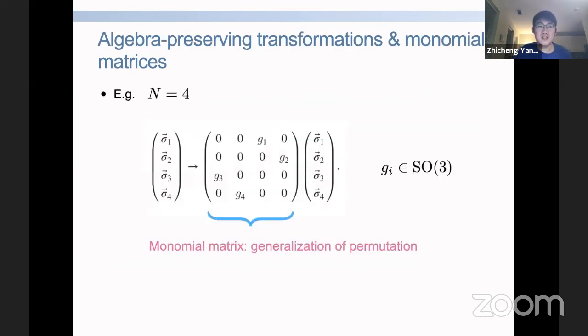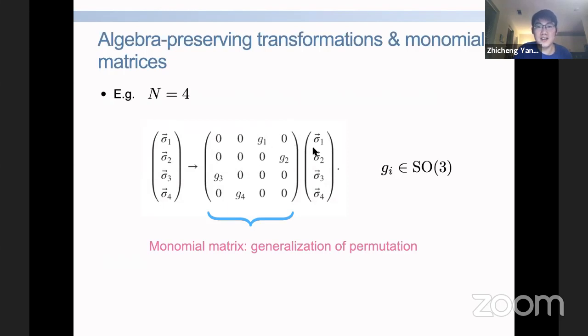Let me just give an example in terms of 4 spins. Consider 4 spins, sigma 1, 2, 3, and 4, where the vector denotes the x, y, and z components. I consider this type of transformation because the Pauli spins transform as vectors under single spin SU(2) rotations.